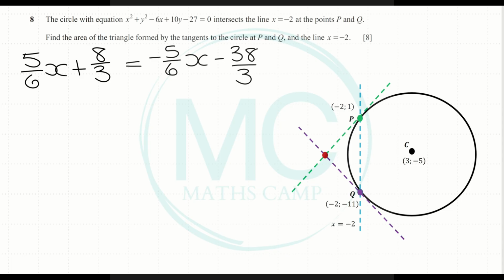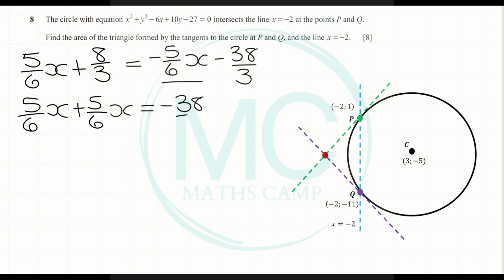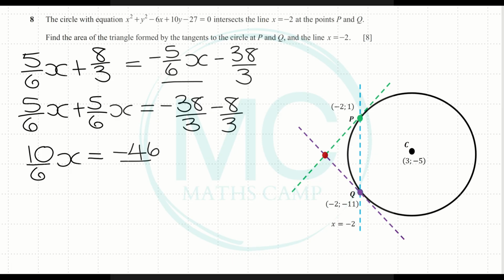Let's move -5 over 6 x to the left. 5 over 6 x plus 5 over 6 x is equal to -38 over 3 minus 8 over 3. Now I have 10 over 6 x is equal to -38 minus 8 gives me -46 over 3.